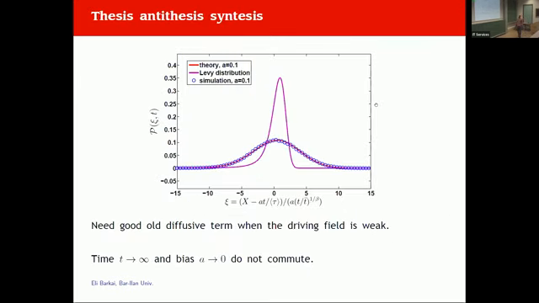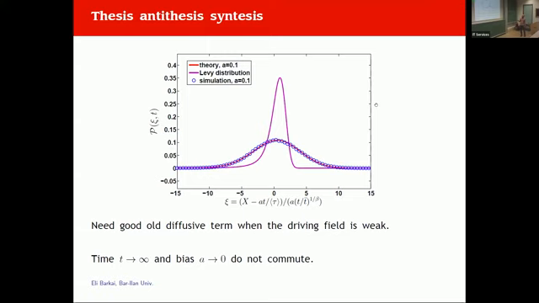Let me just show you what happens to the density of particles. Here we show an example where the A bias is weak and the time is not so long. We simulate the process, and we also present the simulation of the equation. And what you see here, because the bias is relatively weak, is a Gaussian, because the asymmetry is controlled by the bias.